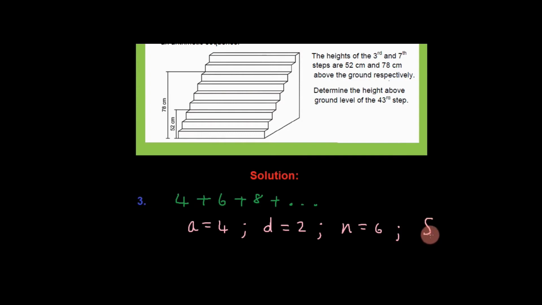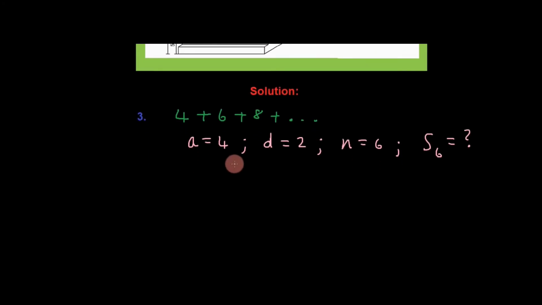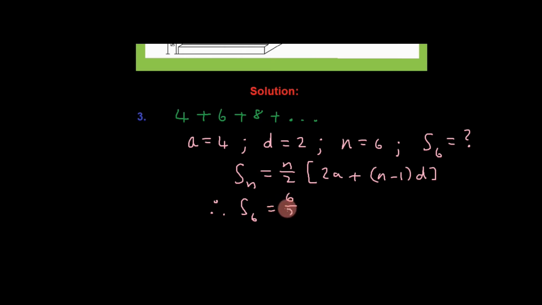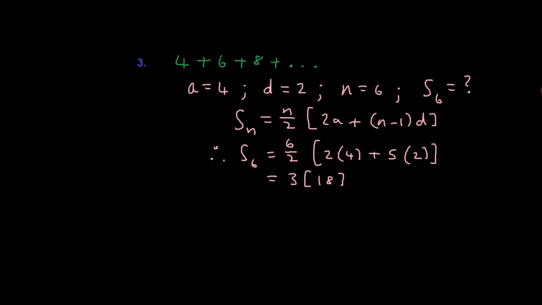And we need to work out S sub 6, the total number of people in the theatre after 6 minutes. So we can use a sum formula. And we need S sub 6. And S sub 6 comes to 54.